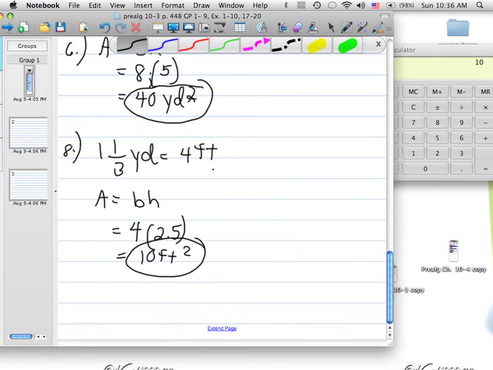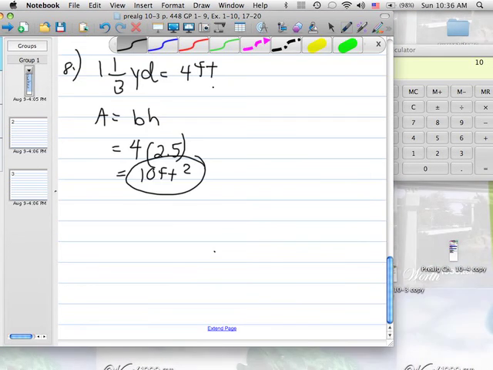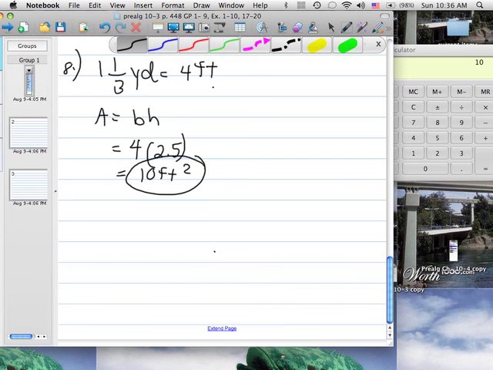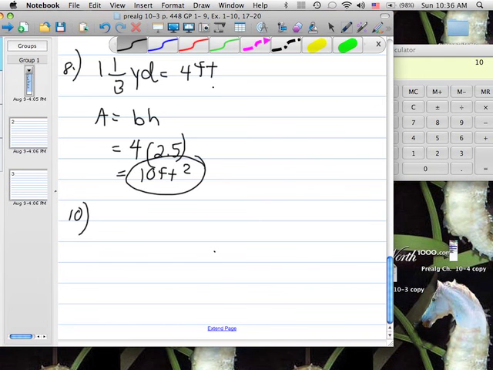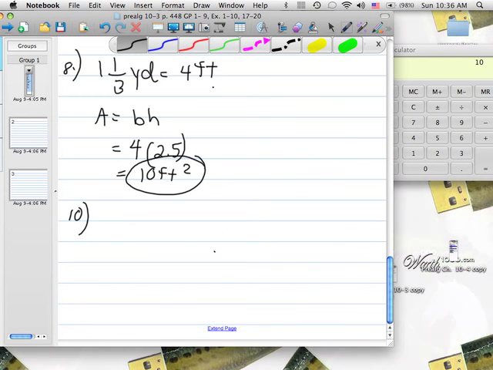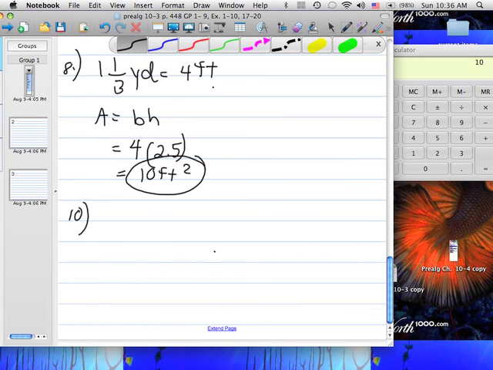And problem number 10 asks us which of the playing fields has the greatest area. So you need to turn back to 434. And we really don't want to do all of these.